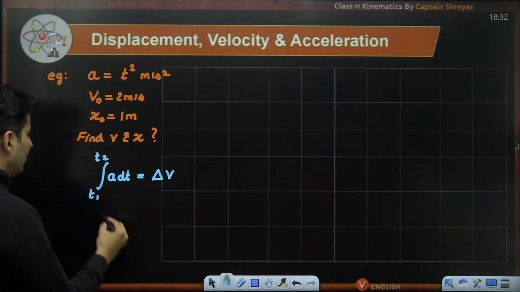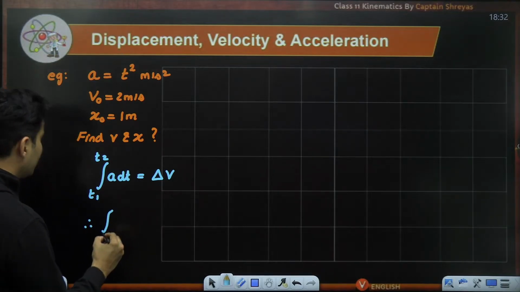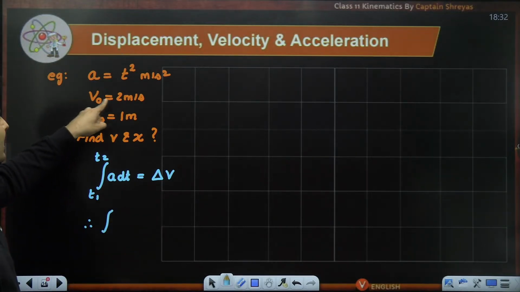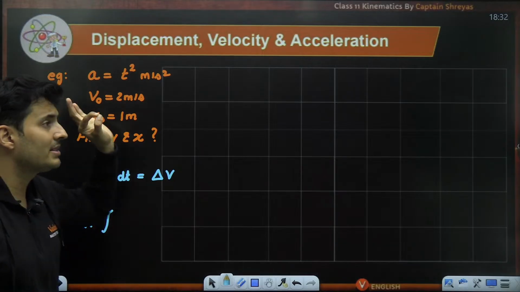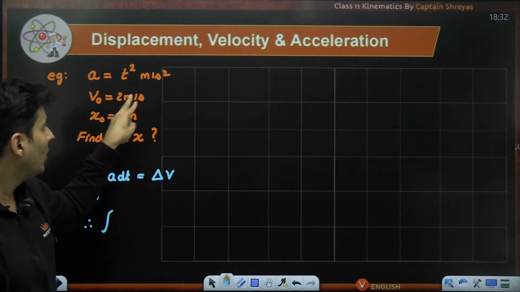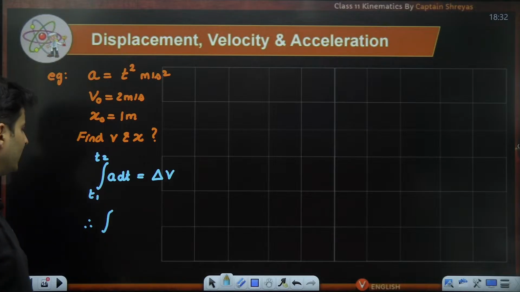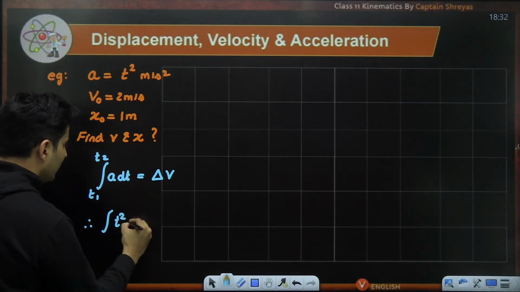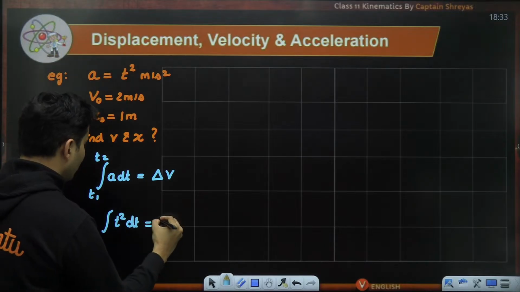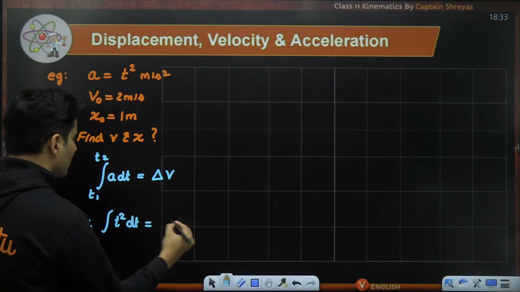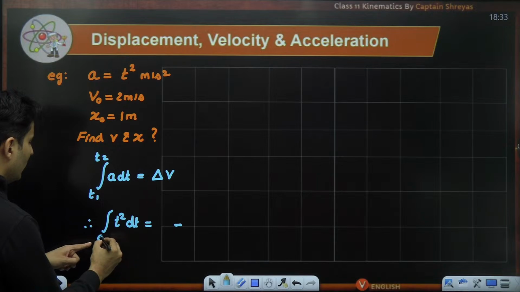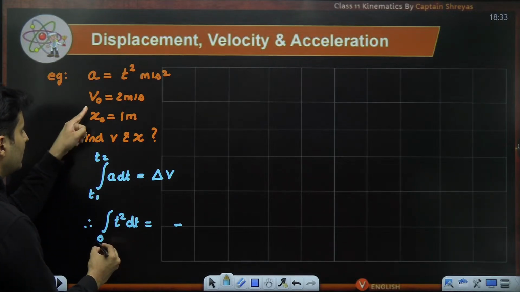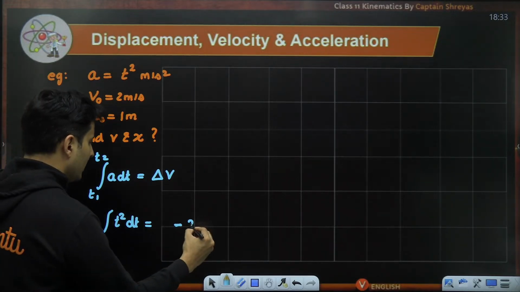What are the limits over here? If you notice, it is clearly mentioned v0 is 2. That means when time is 0, the velocity is already 2 meters per second, and the acceleration is just t square, with dt. So it will be velocity initially, that means at 0 seconds, it is basically 2.